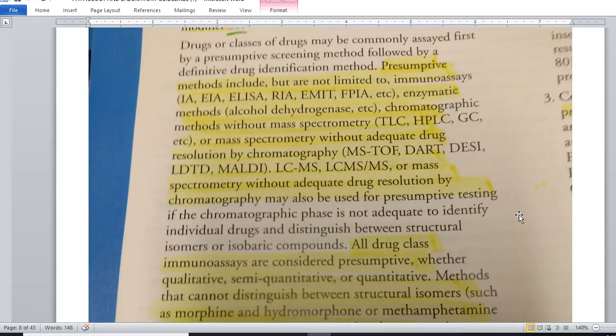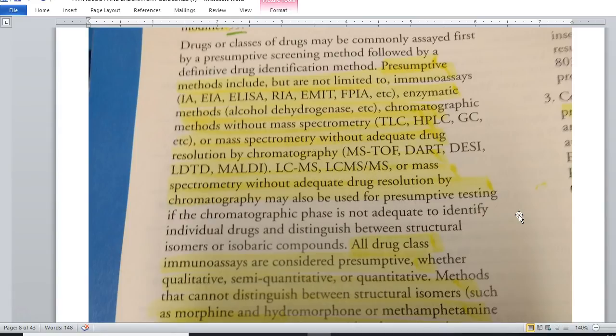So again, they're letting us know that certain types of testing may or may not show what the actual drug is. And what we're really looking for here is just what they're saying, the isomers and the isobaric compounds. These are the compounds within these specific drugs and alcohols that we can distinguish as different from other ones, okay?